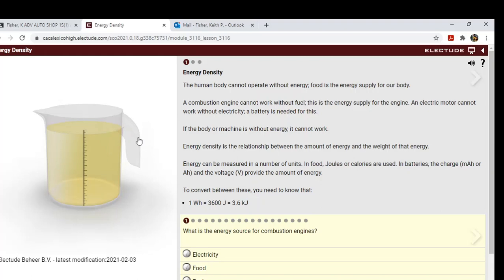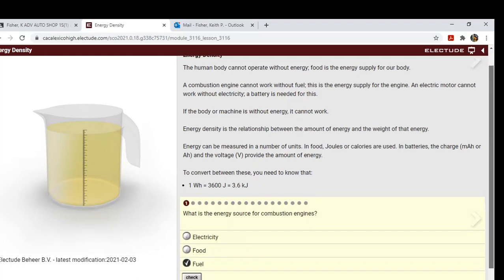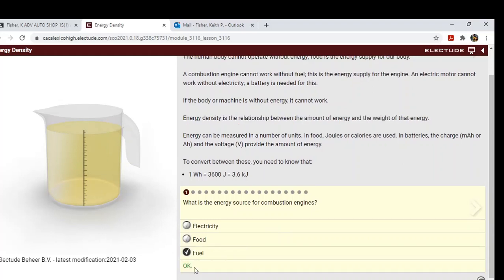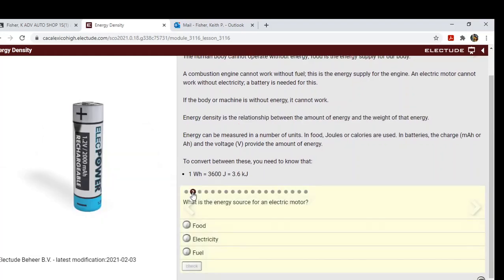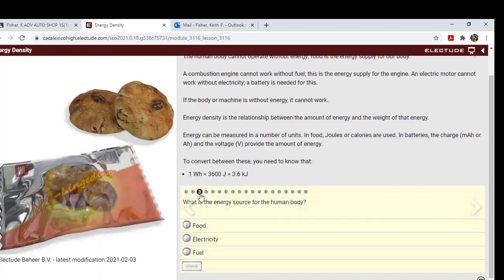All right, so what is the energy source for the combustion engine? It's fuel. Energy source for the electric motor, electricity. Energy source for the human body, food.